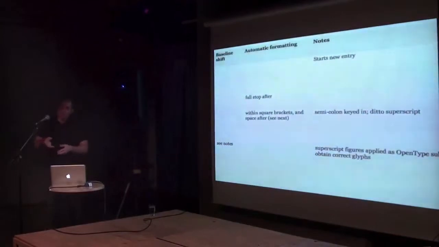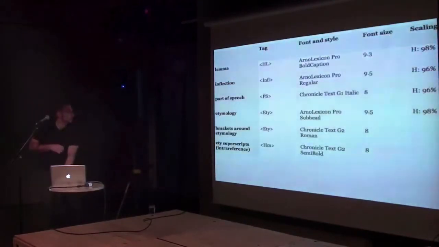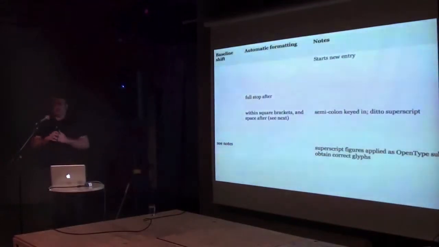The fun bit is that not all the black bits of ink that you see on the paper have been keyed in, but a lot of the stuff is automatically generated. So this specific, which was part of speech, say class, would automatically enter a full stop after the style was finished.